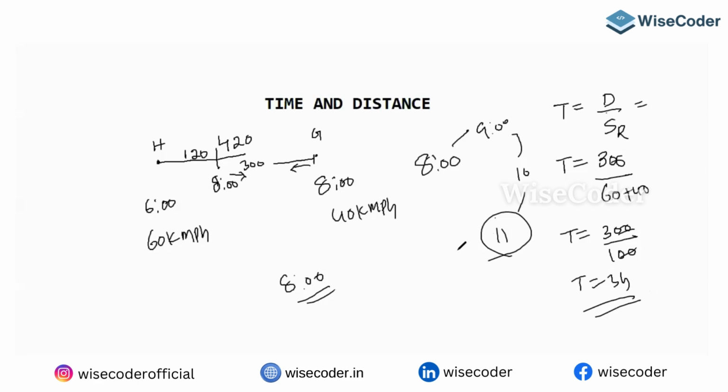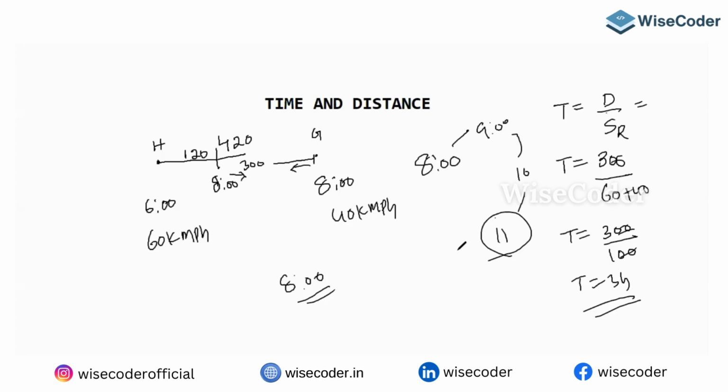So guys, today we have seen the basic time, speed and distance formulas, the three formats. Distance is equal to speed into time, time is equal to distance by speed, and speed is equal to distance by time. After that we have seen the conversion, how to convert kilometer per hour to meter per second and meter per second to kilometer per hour. Then we moved to the relation between time, speed and distance.